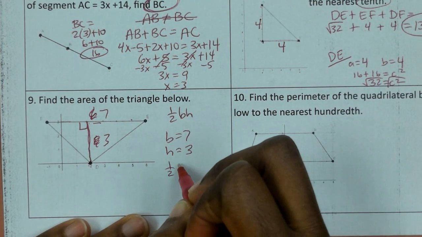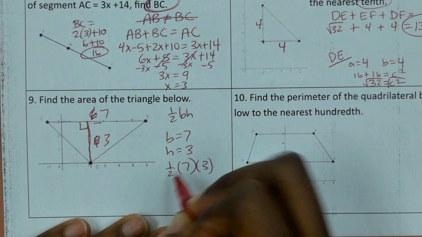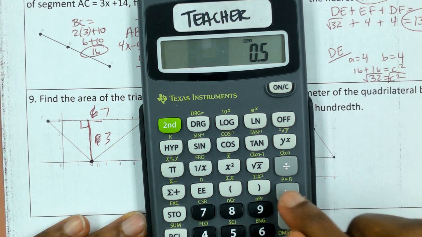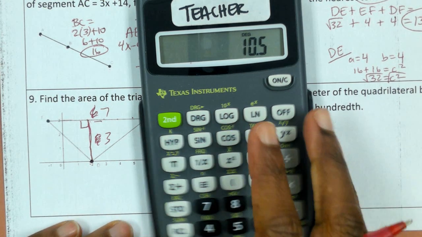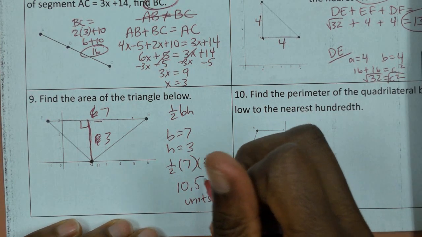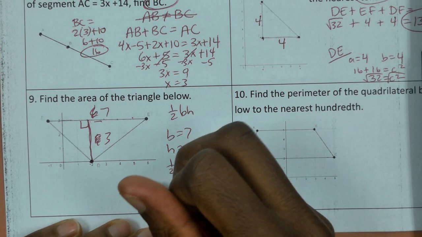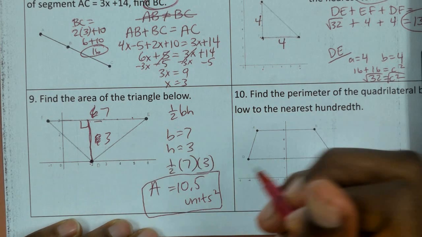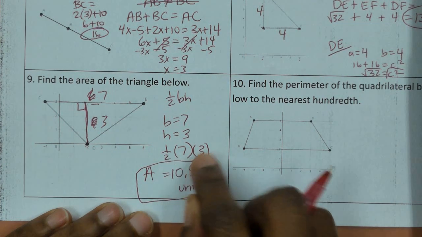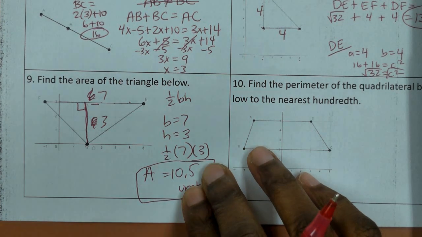So 1/2 times 7 times 3, so 1 divided by 2, so 0.5 times 7 times 3. This is 10.5. You don't square the 10 or anything, it's just units squared because we did units times units, but you don't have to square anything.